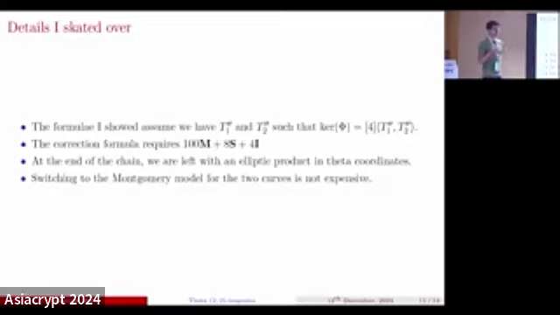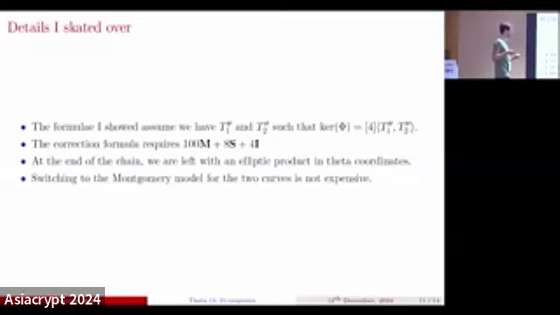As I was describing the isogeny formula, I kind of skated over some details. The first detail that I've omitted is that we are assuming that we have some torsion above our kernel, but actually this is not a strict condition. In the paper we even show that you can relax this, so you don't need this much torsion. You can just work using only the kernel of this isogeny.